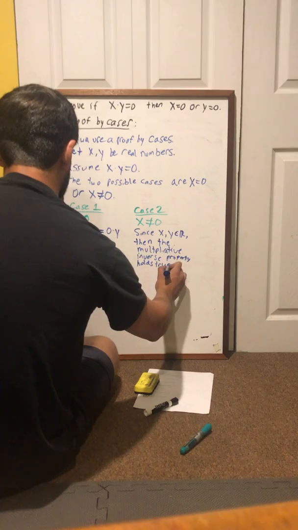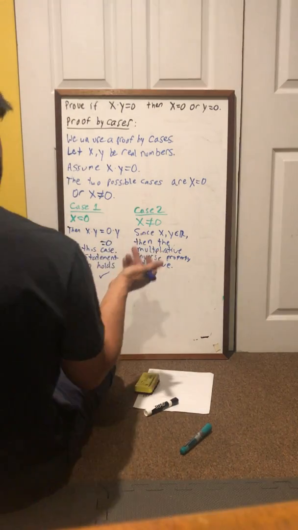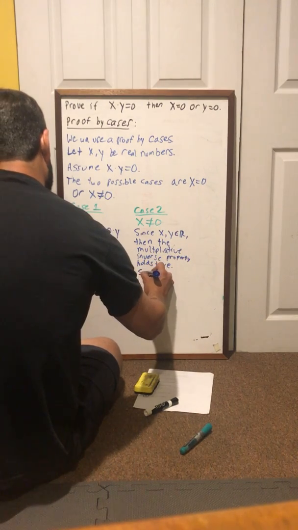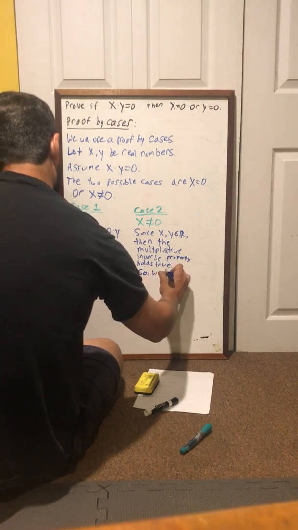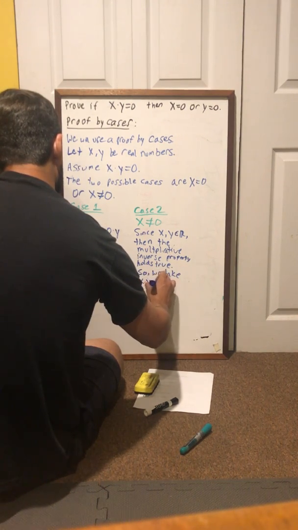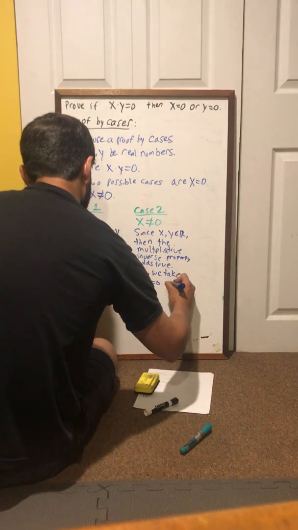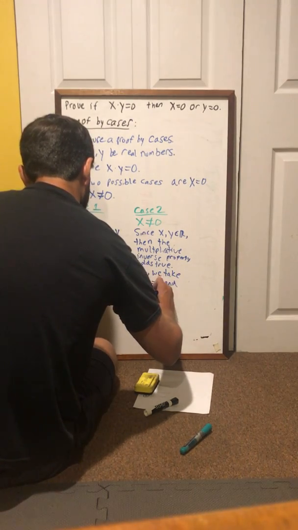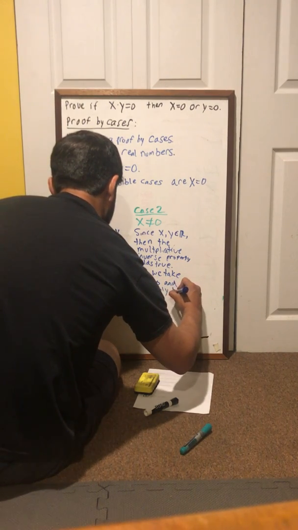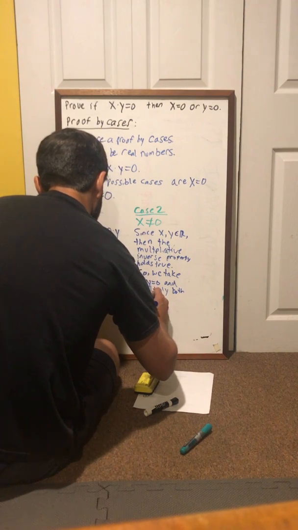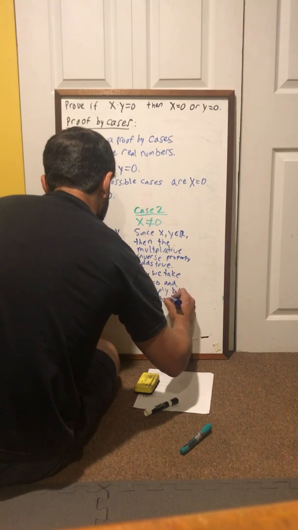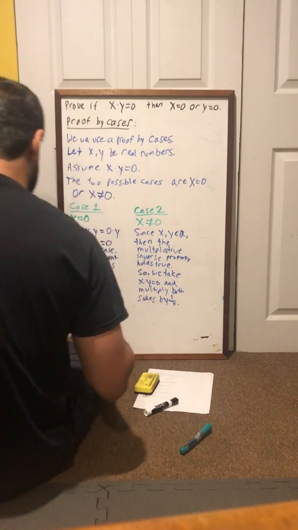So using the multiplicative inverse property, we will take x times y equals 0 and multiply both sides by 1 over x.